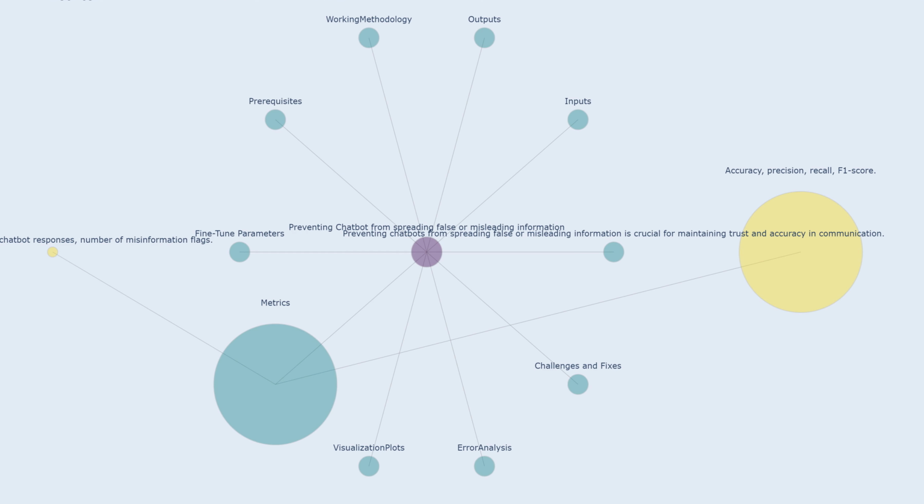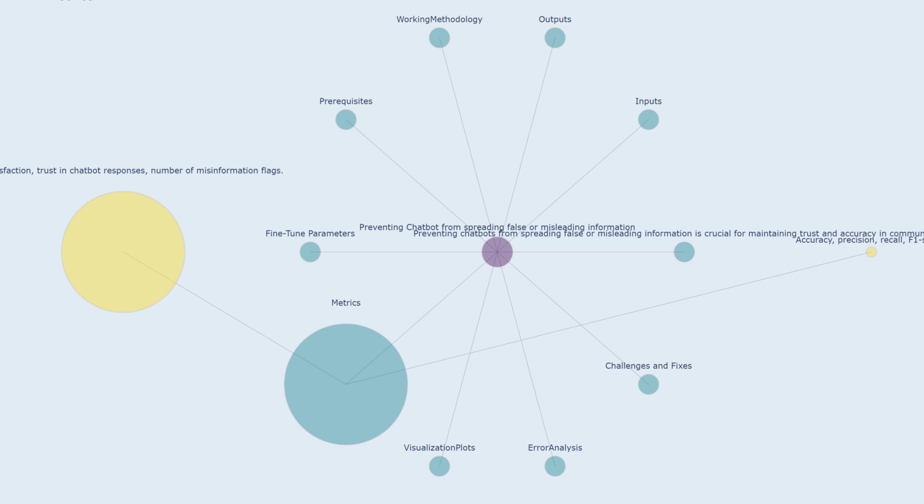Metrics. Evaluating the chatbot's performance requires the use of standard metrics like accuracy, precision, recall, and F1 score. These metrics measure the chatbot's ability to correctly identify and classify accurate and inaccurate information.